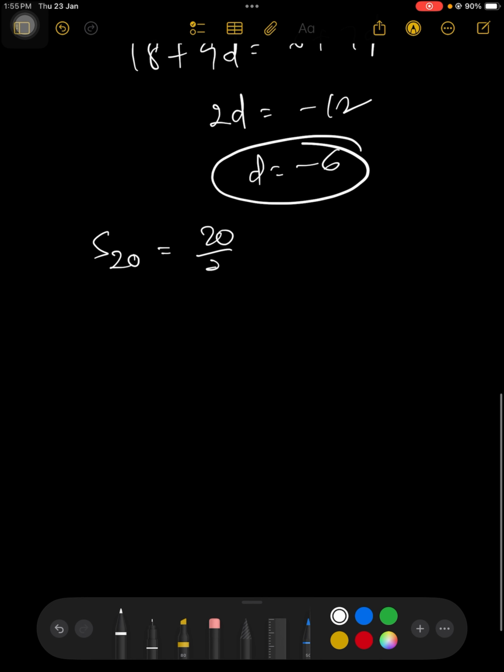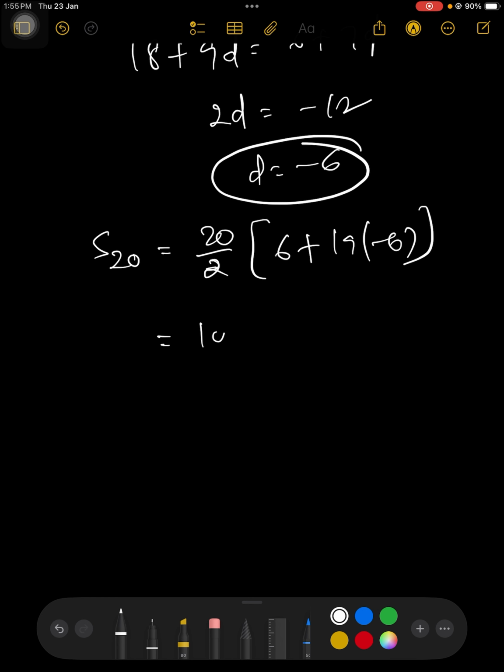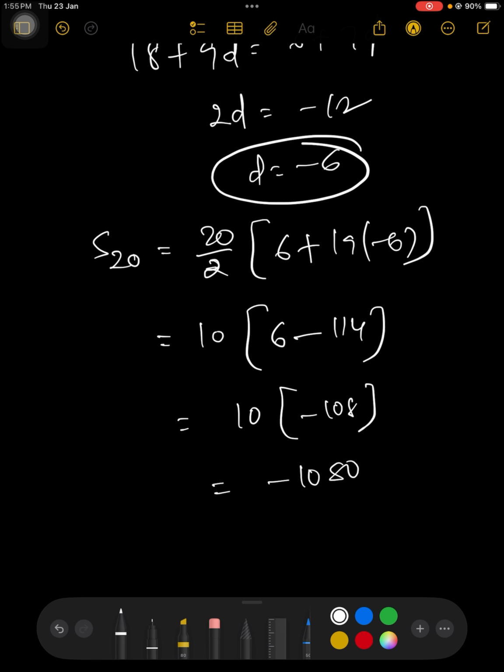S20 equal to 20 by 2 times (2a plus (n minus 1) into d), 19 times of minus 6, that is 10 into (6 minus 19 times 6). 19 sixes are 114, that is 6 minus 114, that is minus 108. So finally the answer is minus 1080.